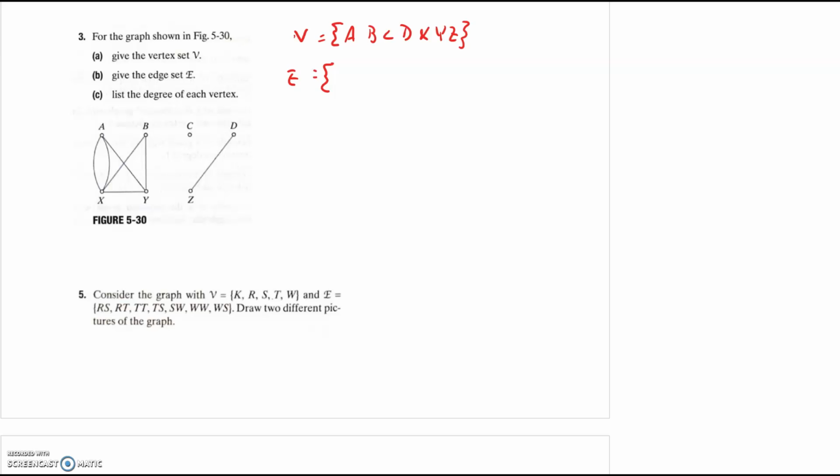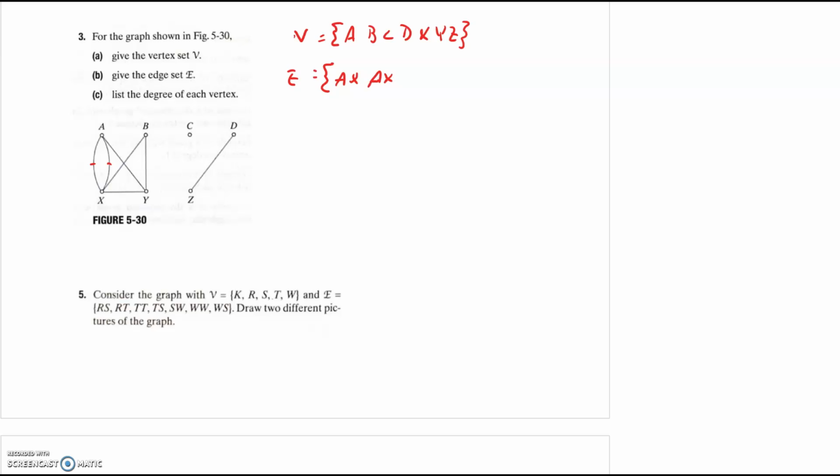Now my edge set, much the same. Just list the edges coming out of A. I have AX. I have AX again. Notice those are two different edges, that's why I'm listing them twice, because I have a double edge here.